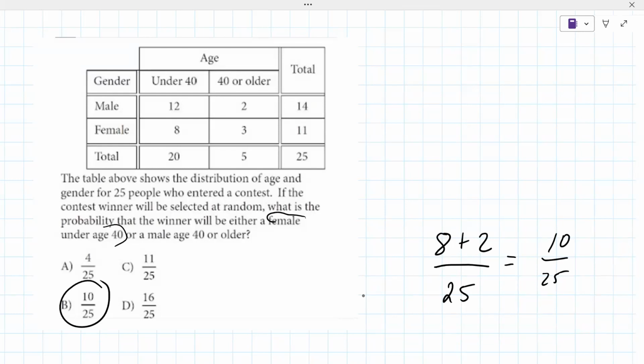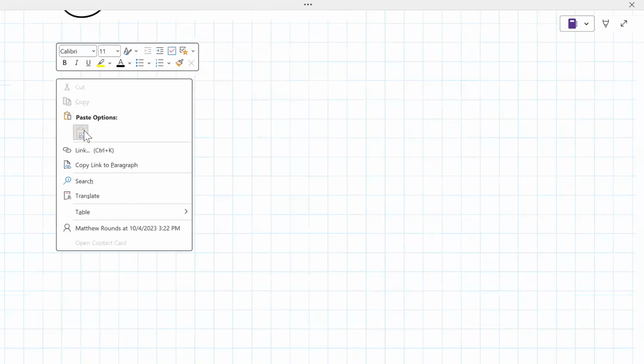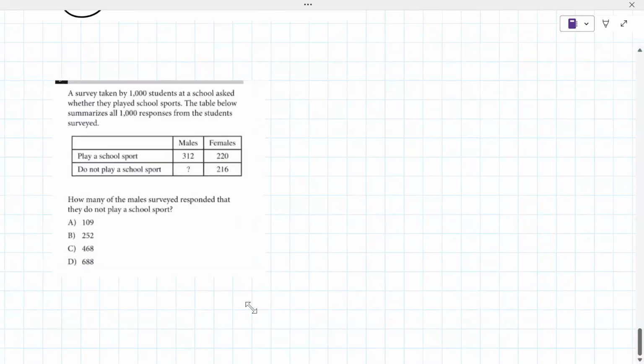All right, let me get another one up here for you. So they're not all just, hey, look at the table, find the number. Sometimes you have to fill in the table, and that's what this one is asking you to do.